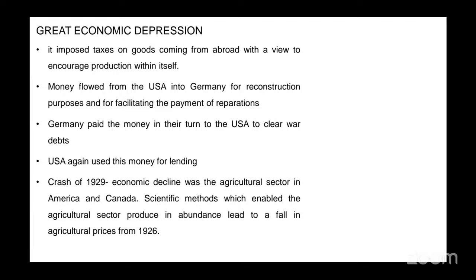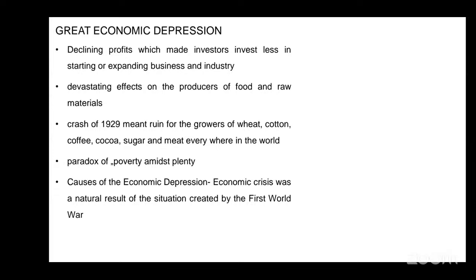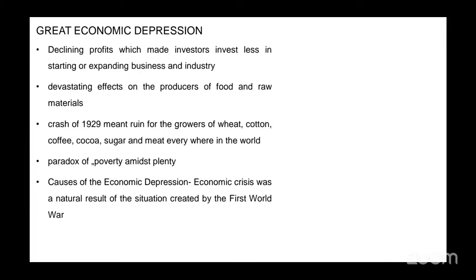So this has further caused the companies to shut down as it was creating them losses, and the declining profits made investors invest less in starting or expanding the industry.